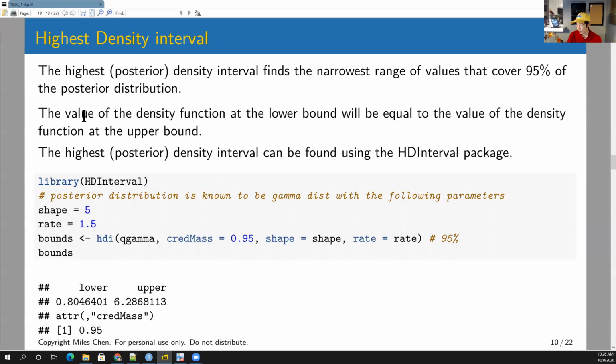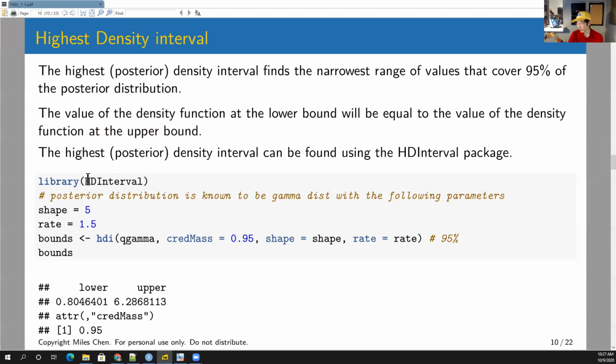One thing about this is that the value of the density function at the lower bound is equal to the value of the density function at the upper bound. Another way to think of this is a rising tide of water: where would the watermarks be drawn? That would be the highest posterior density interval, okay?